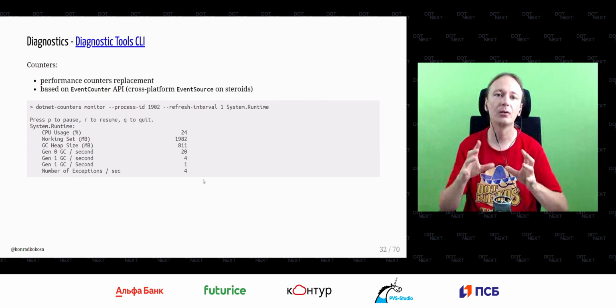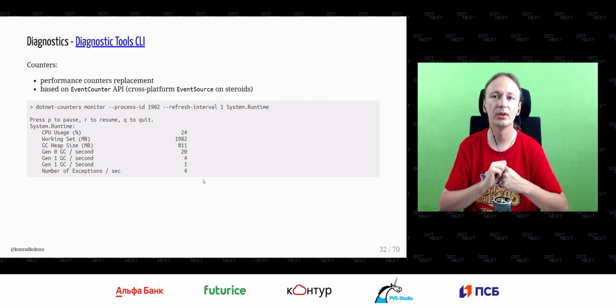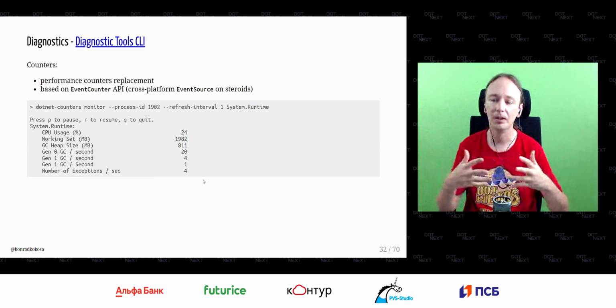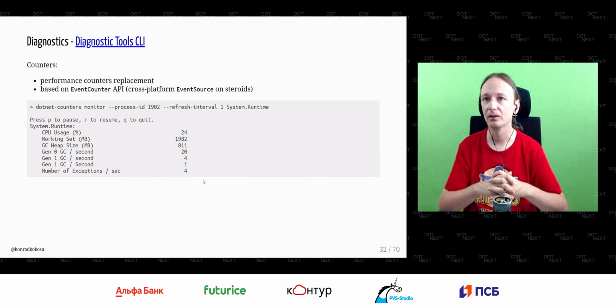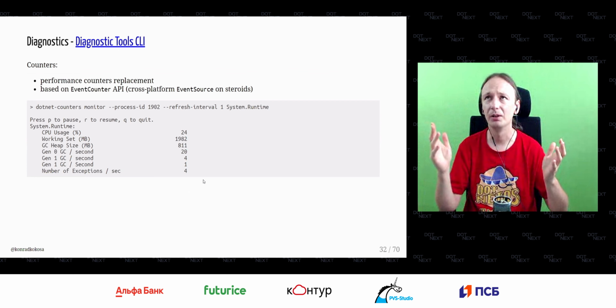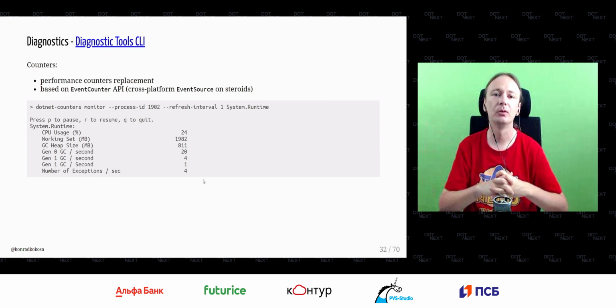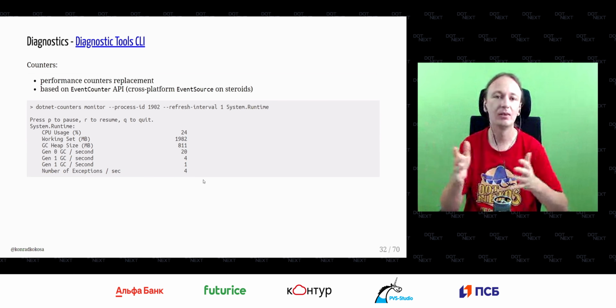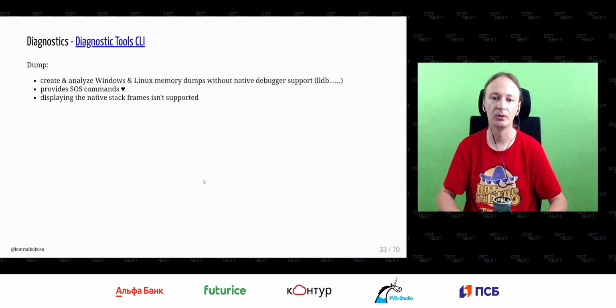So we can get quite a nice overview of the process. Currently, obviously, this set of information is limited, there are maybe 20 counters available, whereas in .NET we have hundreds of them. So there is still this difference, but at least we have something that we can use.